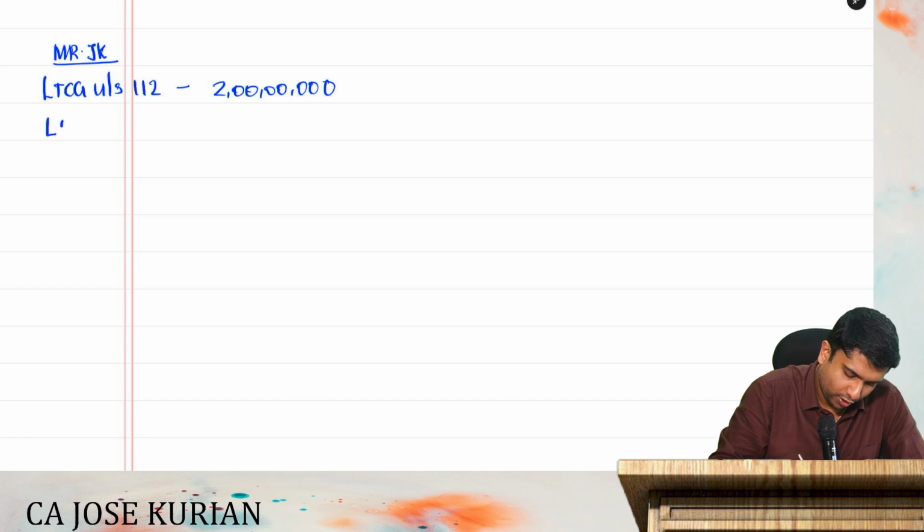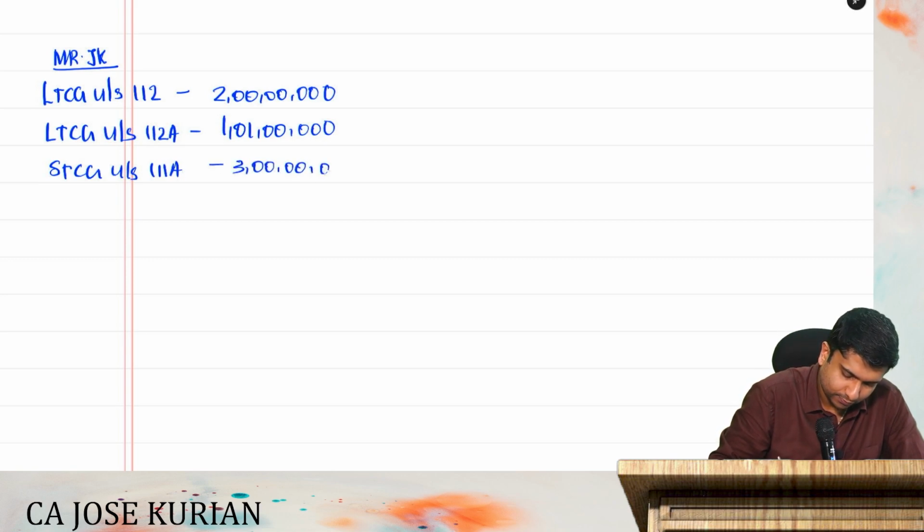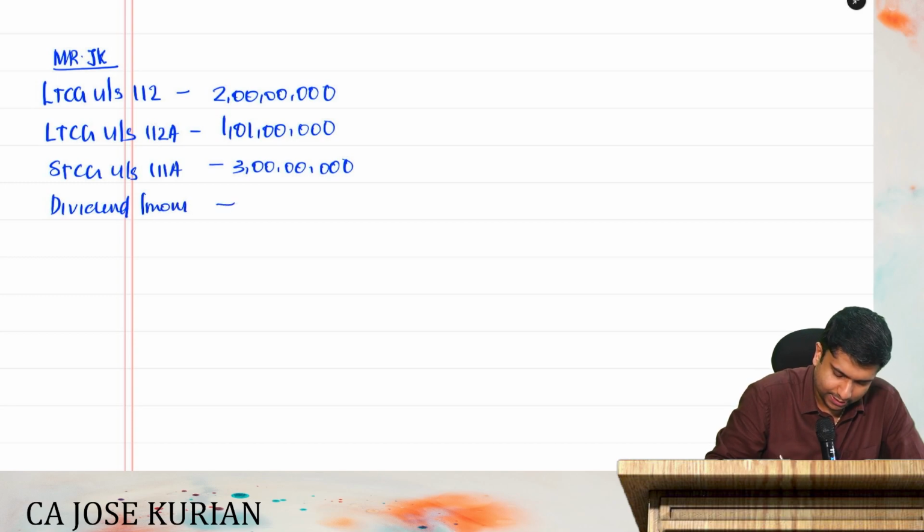I have long-term capital gain taxable under section 112A, say my income is 1 crore 1 lakh. I have short-term capital gain under section 111A, say it is 3 crore. And I have dividend income, say it is 50 lakhs.